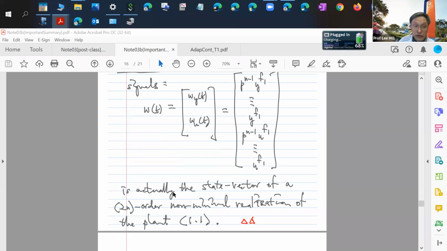You already knew your system was N order. So if these are also the state variables of your system, clearly they are 2N order, they will still be a state realization of a system, but a non-minimal realization. So this is very exciting.